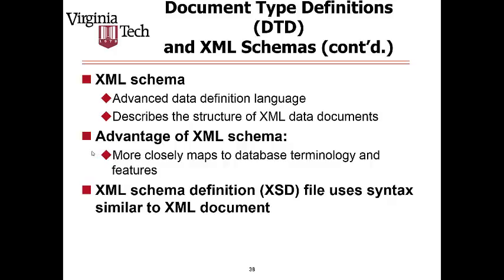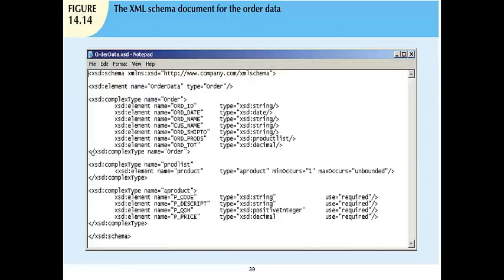So it is completely straightforward to map from your XML into your database. So here's a little bit of XML, an XML schema. And here we see that this is the schema that we are referencing.